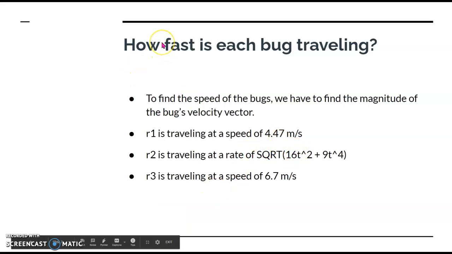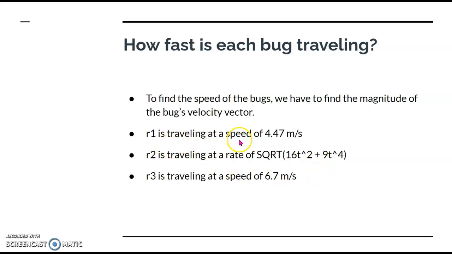Alright, so now we're looking at how fast each bug is traveling. This is going to be related to magnitude. So the speed of R1 is going to equal the square root of the sum of the vector's components squared.